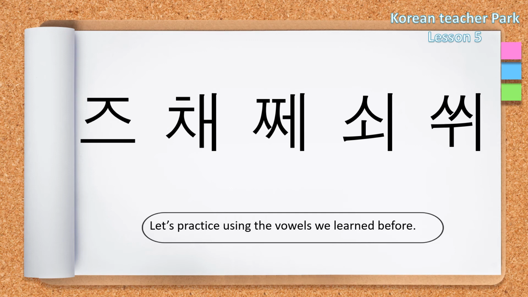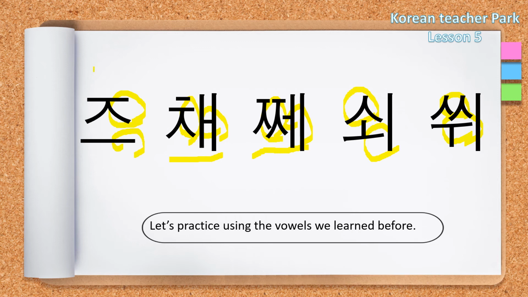Practice again using the vowels we learned before. First, the 즈 sound with the 으 sound. 즈. 츠 with 에, 채. 쯔 with 에, 째. 스 with 왜, 쇠. 스 with 위, 쉬.